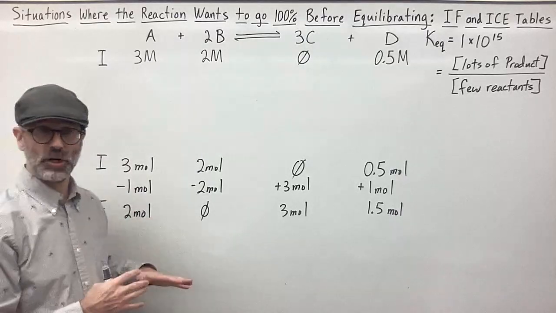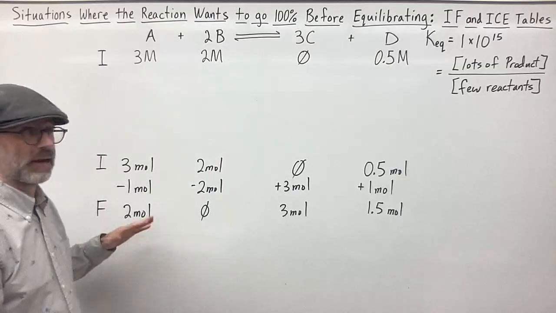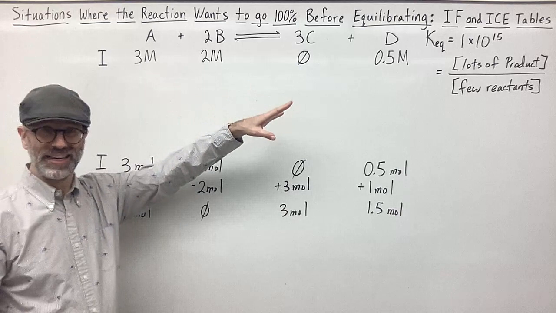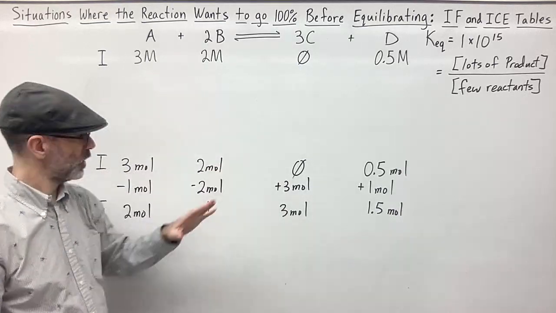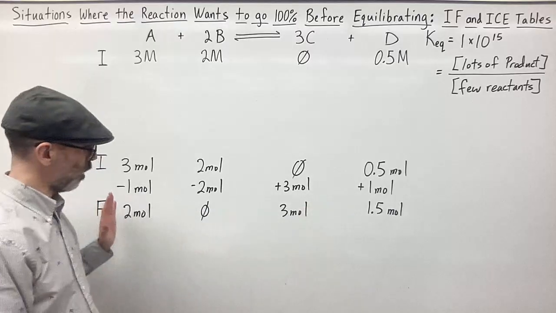This is the first part. I did my stoichiometry. Given the fact that my K value is so large, I assumed that it goes to completion. We're going to do our stoichiometry.